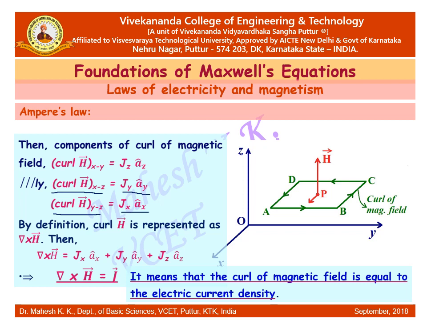By definition, curl H can be written mathematically as del cross H. From the above, del cross H is equal to JX AX cap plus JY AY cap plus JZ AZ cap. Together, the right hand side can be written as just the J vector.